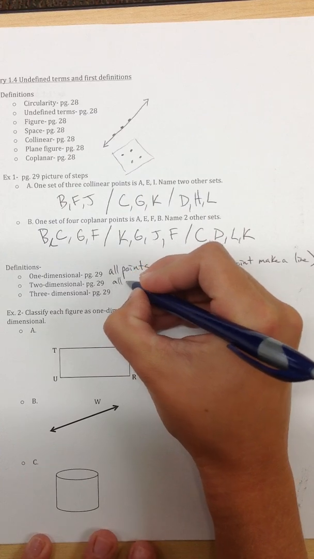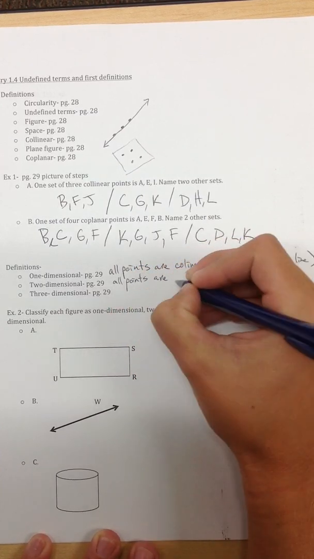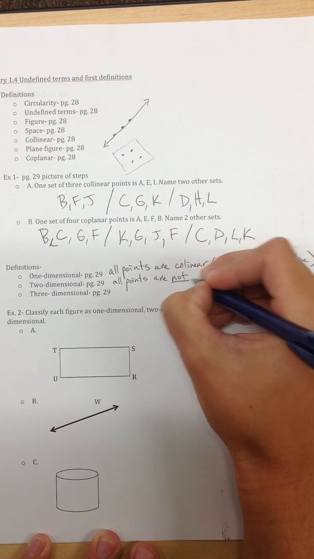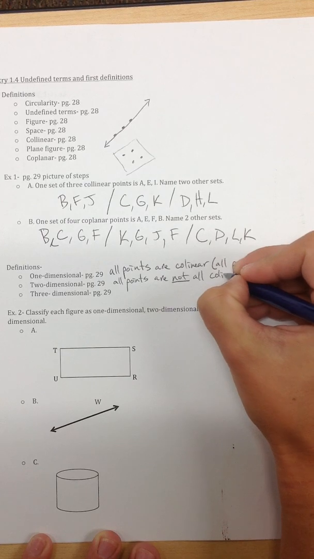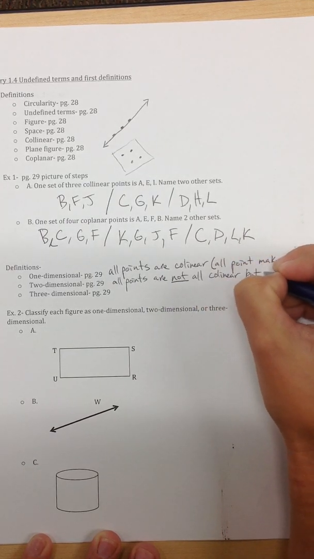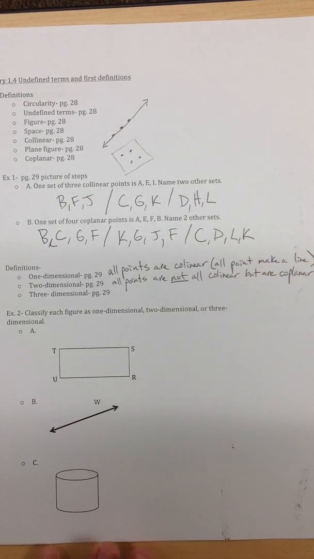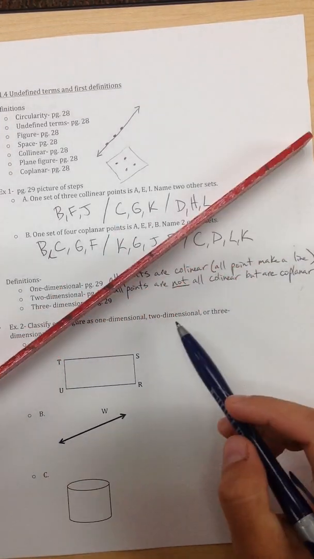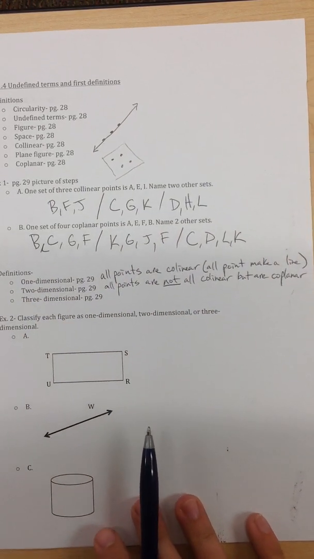So all points are not all collinear, but are coplanar. So all of the points aren't on just a straight line, like if I had a ruler, they don't all have to be on a straight line, but they do have to be all on the same flat surface.